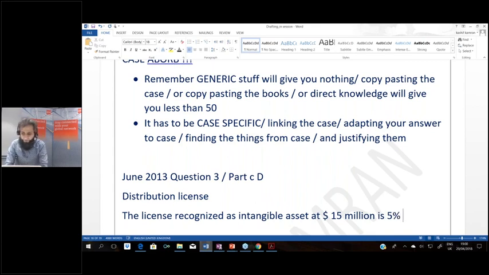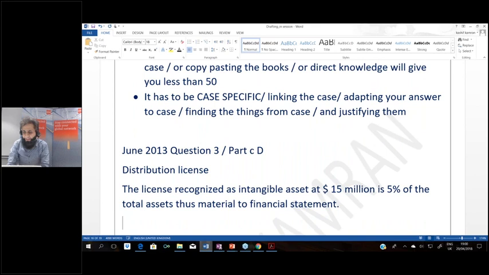Okay, is 5% of the total assets, thus material to financial statements. See, quick. Then M followed by T.